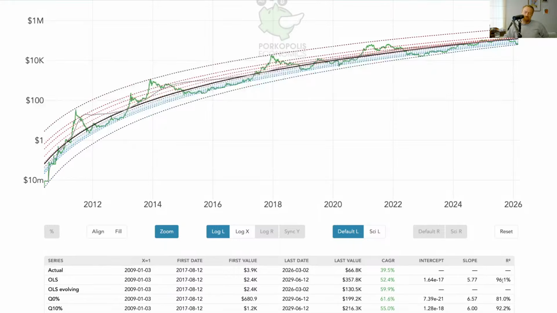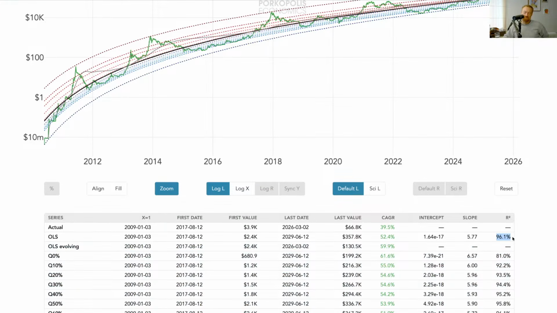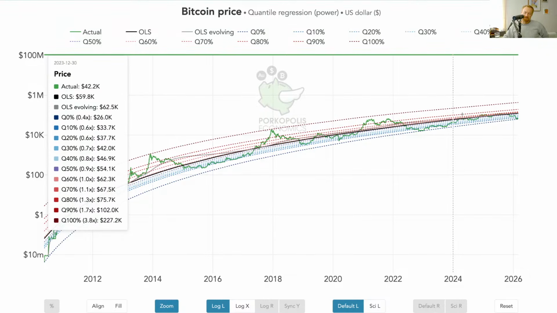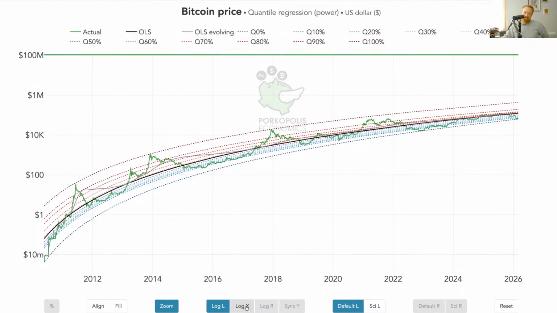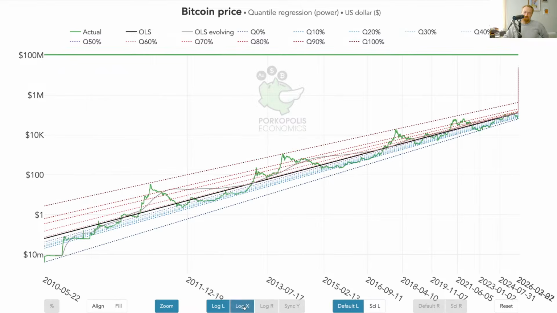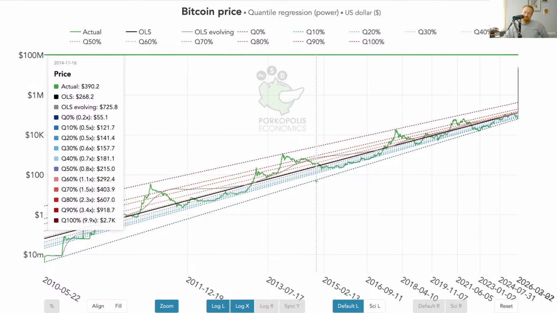The power trend won't break until you see this R square go to, I don't know, 50% or something. Not even that, maybe 70, 80. But right now, this is a very good indication of what it's doing. And then to see how that actually looks, this proportional growth, you put log scale, and then you get the straight line.